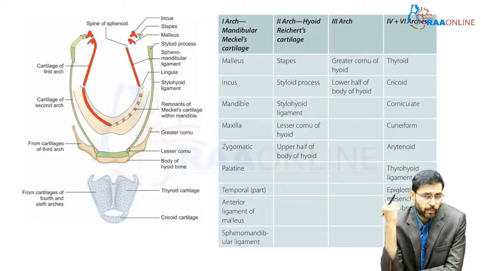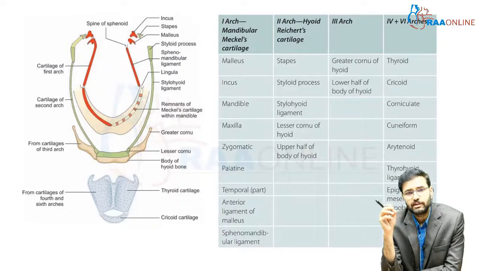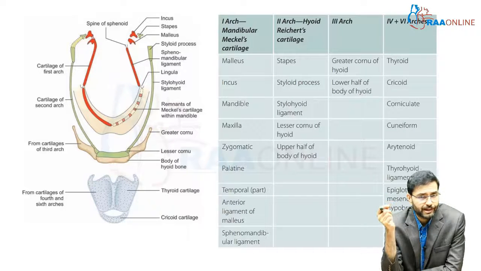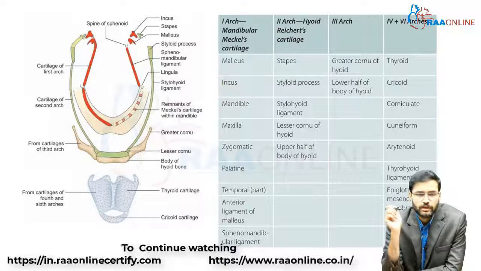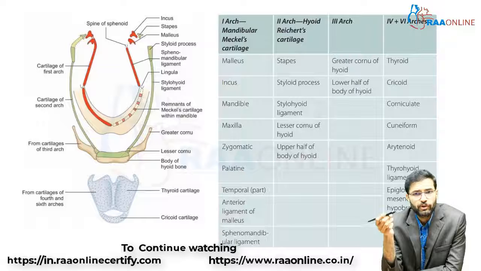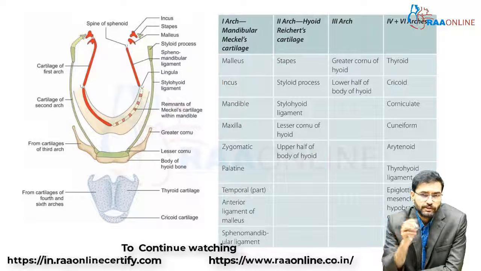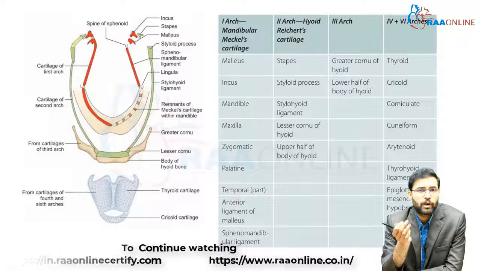The dorsal component of Meckel's cartilage leads to the formation of the malleus and incus, the small bones in the middle ear, as well as the spine of the sphenoid bone. Whereas the ventral portion of Meckel's cartilage is surrounded by mesenchyme to form the mandible.